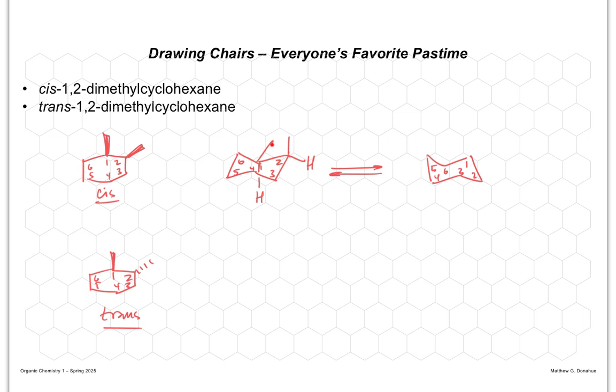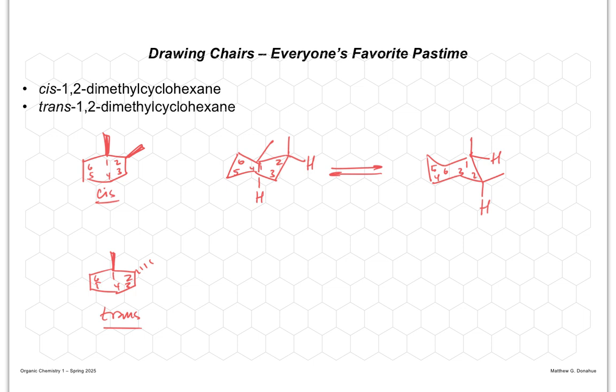So this equatorial methyl is now going to point up because that carbon's pointing up. It's axial. And then the axial methyl on C2 now becomes equatorial. So those are the two chair flips.